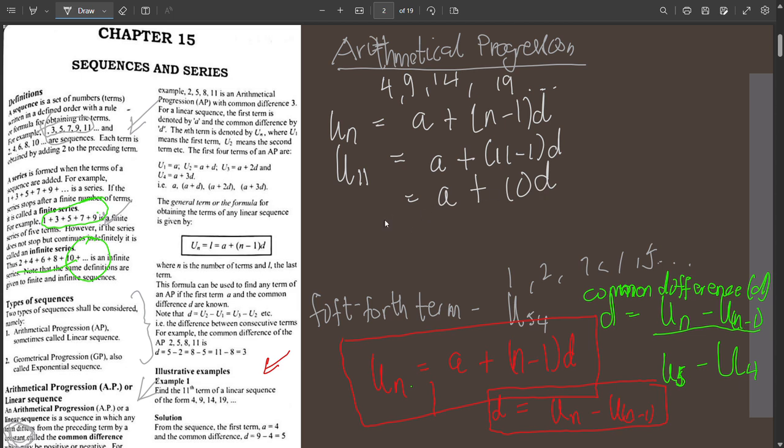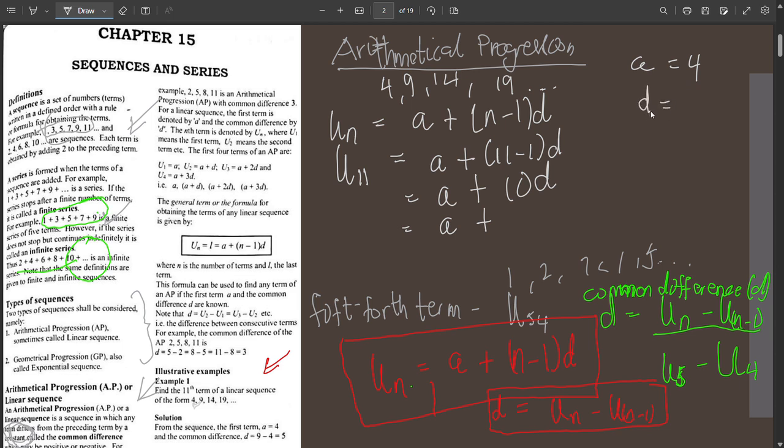So that's our 11th term. All we need to get is a and then d. So what's a? A is the first term, and we can see from the sequence that the first term was 4. So a is equal to 4.